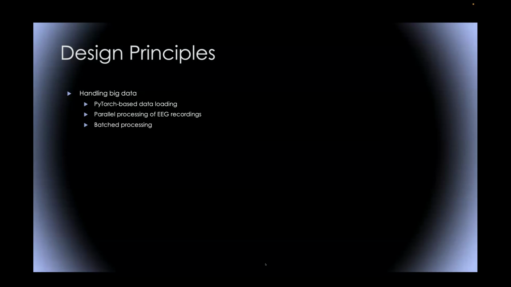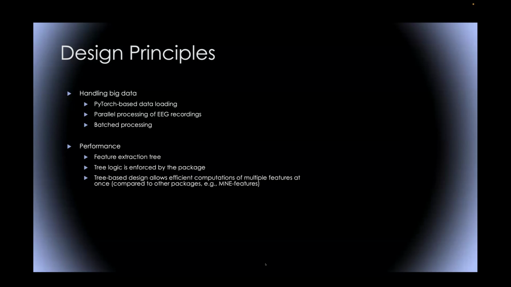So we use the PyTorch framework, which allows for interfacing with deep learning, but also parallel processing, for example across subjects, if you have files with different subjects, and batch processing across time windows. And the feature extraction was designed for improved performance.